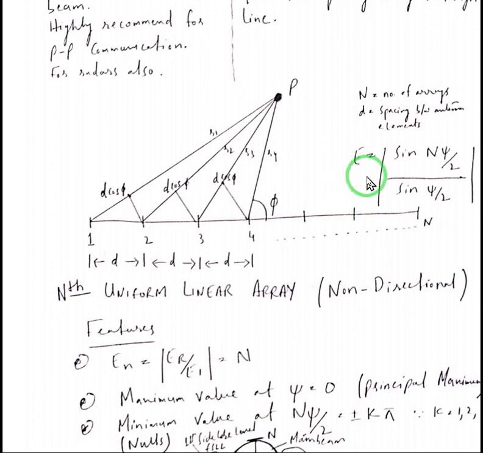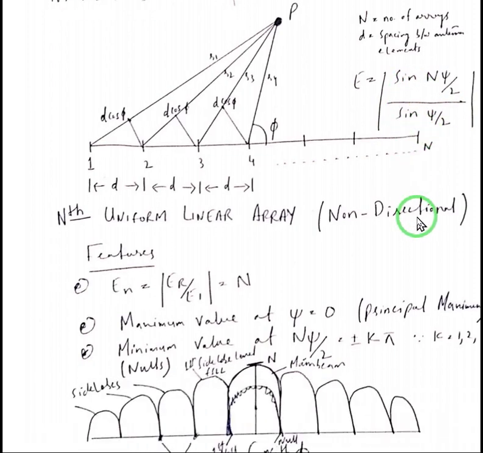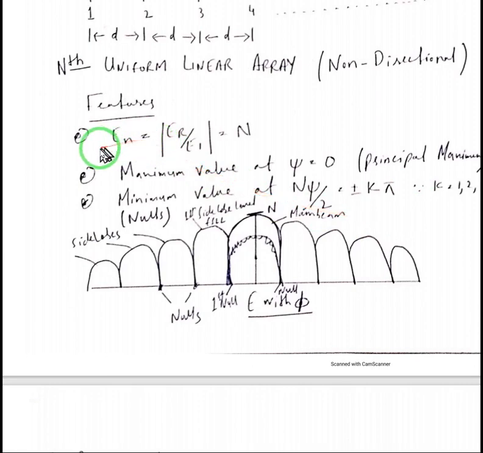The formula for the electric field is sine n psi by 2 divided by sine psi by 2. That is the electric field for n arrays. Their features are: the normalized electric field is the radiated electric field divided by the electric field of the first element, and is equal to n.